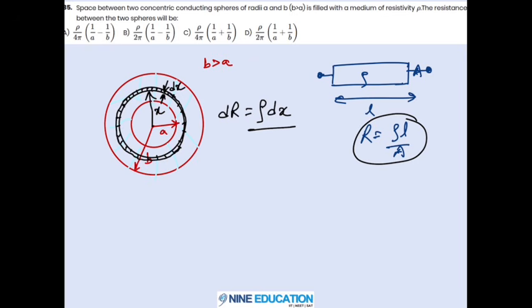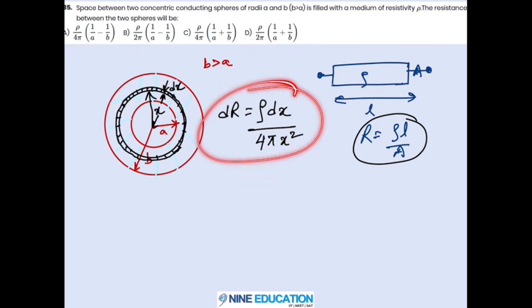What is the area of cross section of this thin sphere? 4 pi x square, because its distance from the center is x. Here also you can see that this length is perpendicular to this surface, obviously. Same here. This area is perpendicular to this length.